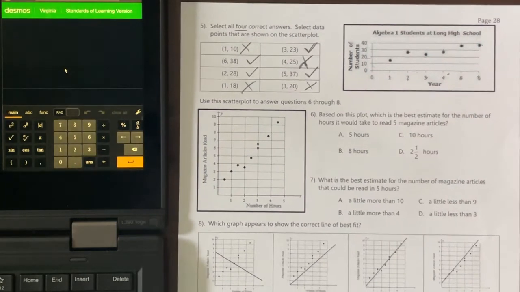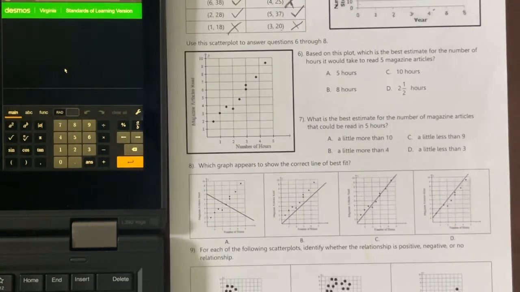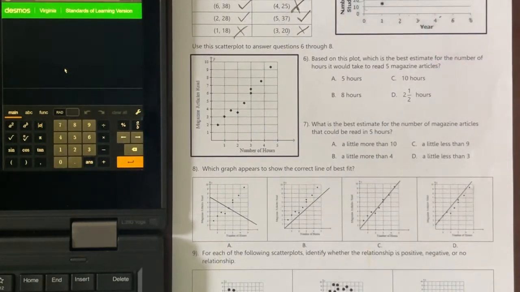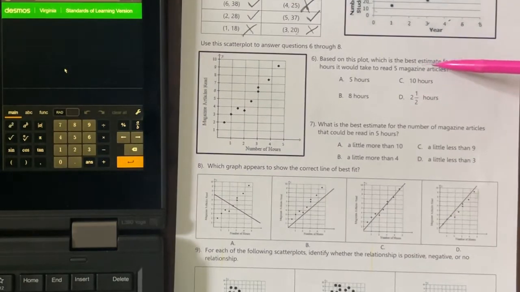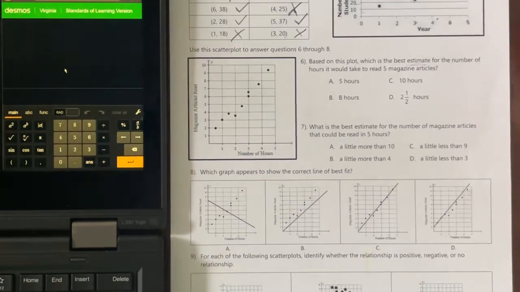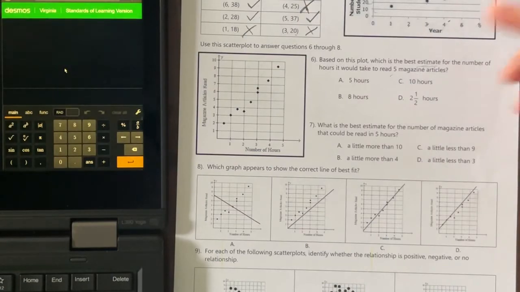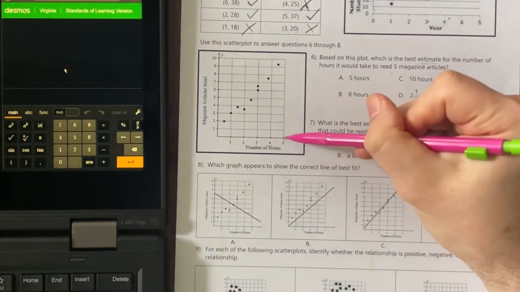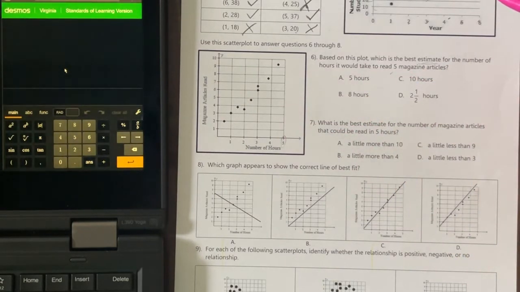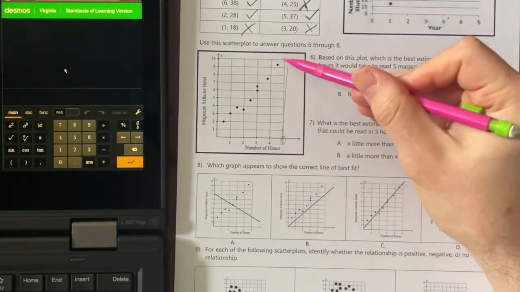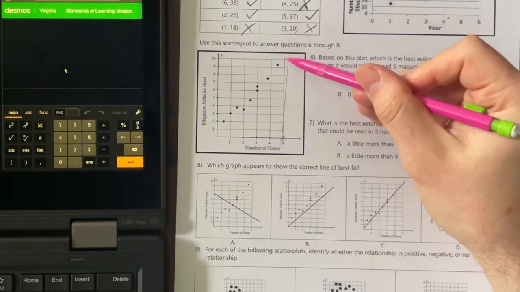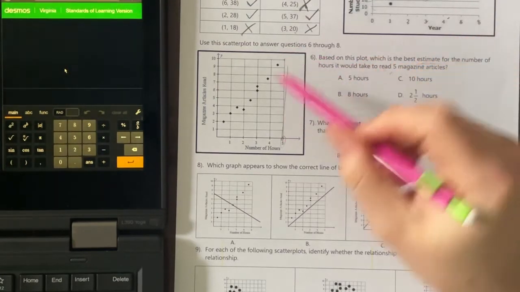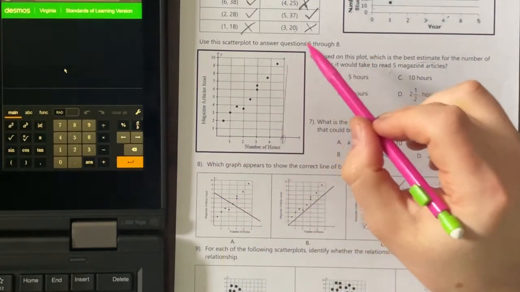Next, it says use the scatter plot to answer questions 6 through 8. Based on the plot, which is the best estimate for the number of hours it would take to read 5 magazine articles? Again, you're estimating. It doesn't have a value yet, but using this graph, I can go up and say I should have values on that vertical line, noticing the trend that goes along with it.